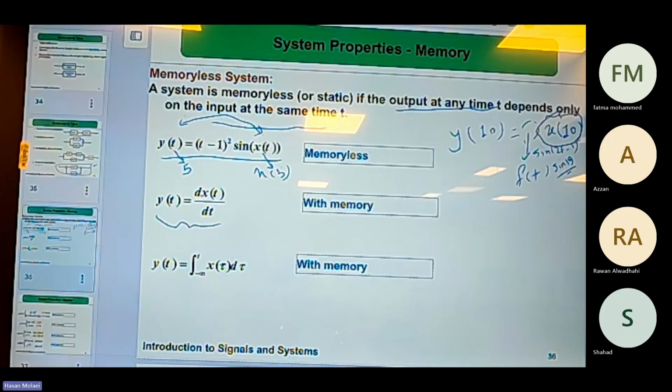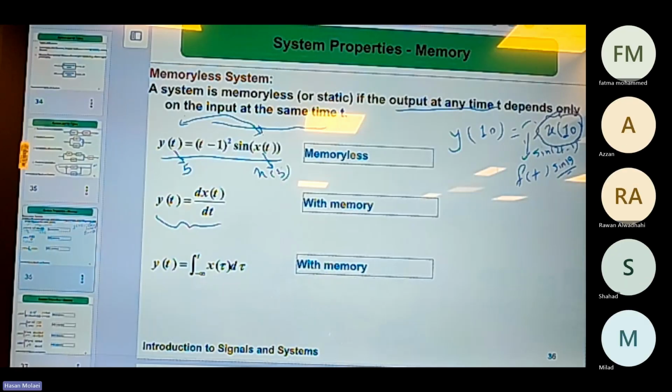How about this one? The derivative of x(t). Is it memoryless? Why? Because it's changing with time, it's not. Changing with time, what does it mean?